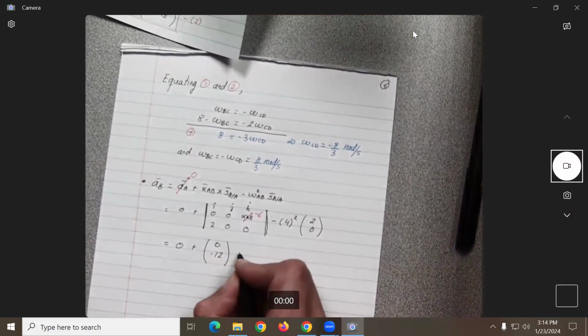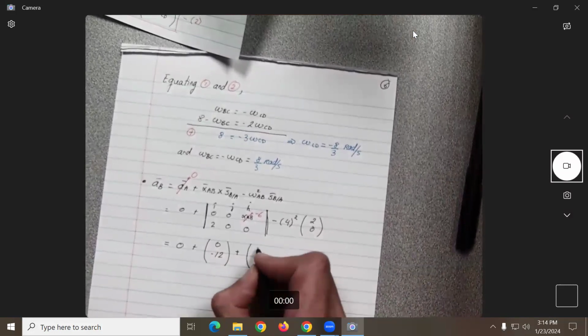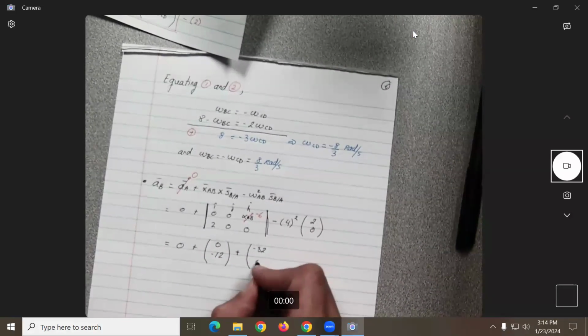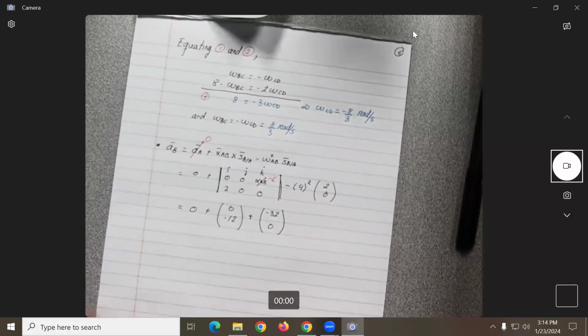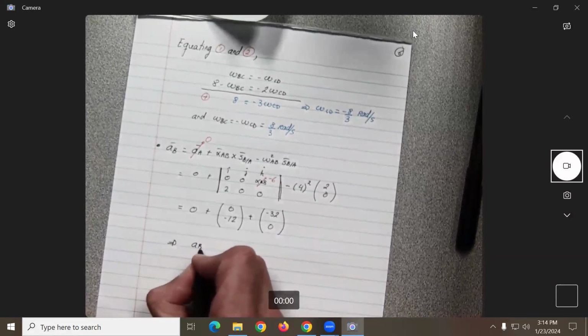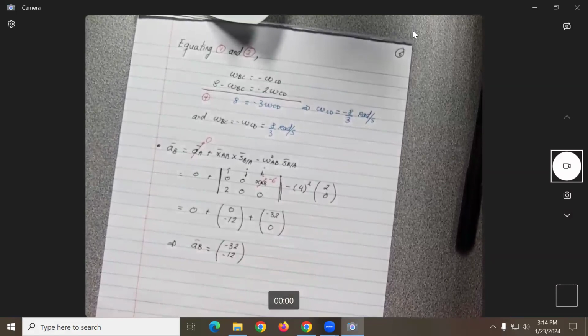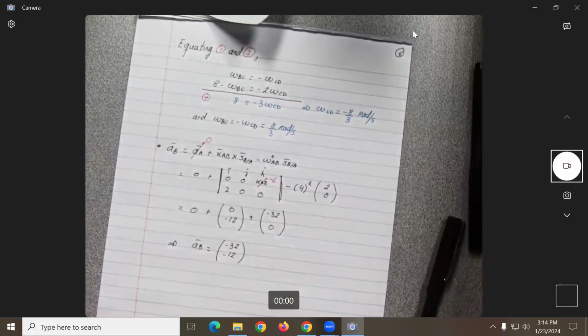And then we're going to have here one component on the x. What are we going to have over here? -32, 0, no? So basically from here, we're going to get that the acceleration of B is equal to -32, -12.